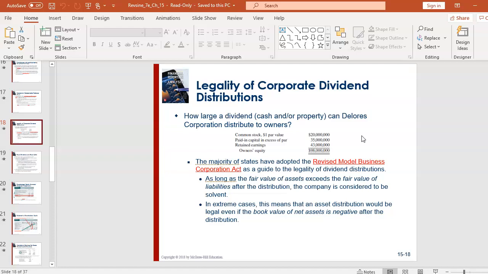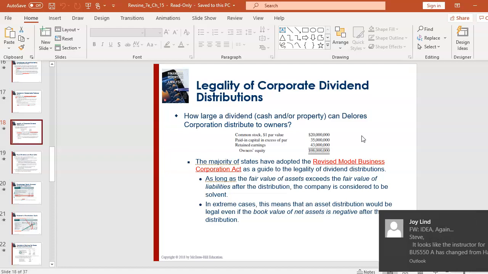This is publicly owned, where anybody can buy shares of the company's stock off of a market. So that's different from a privately held company. Completely different story when it comes to dividends. Also, keep in mind whatever your business is, that may also impact your limits on dividends.